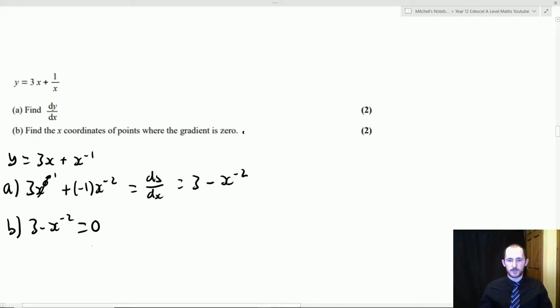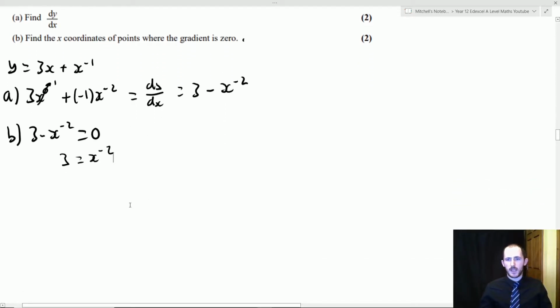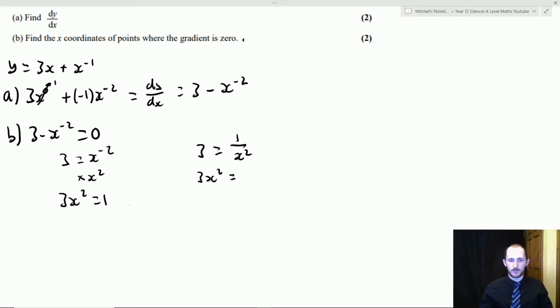Now if we were to solve this, we add x to the power minus 2 to both sides. We get 3 equals x to the minus 2. And then what we can do is times both sides by x squared in order to get rid of the minus power. So we have 3x squared equals 1. If you're unsure about that algebra, we have x to the minus 2 currently. If I times that by x squared, I get x squared over x squared.